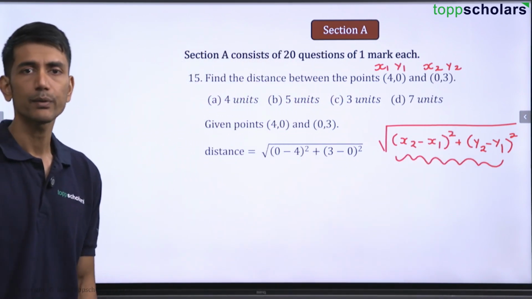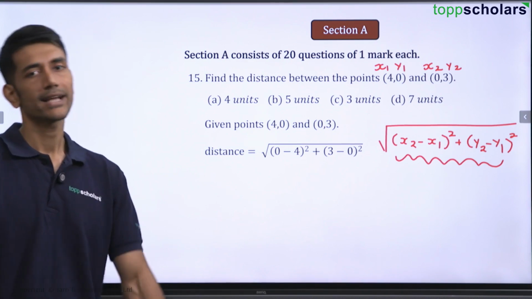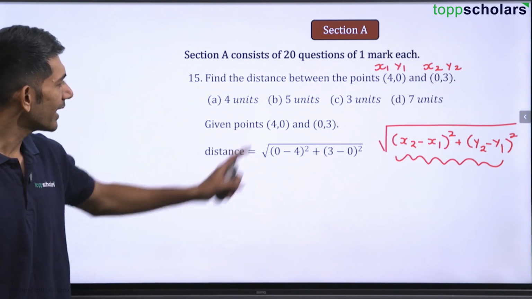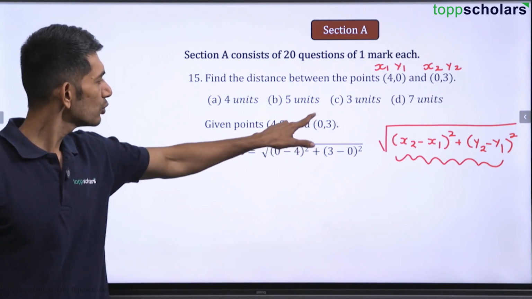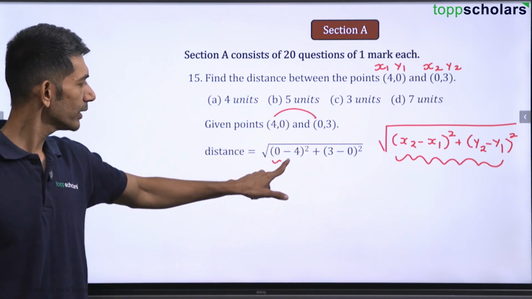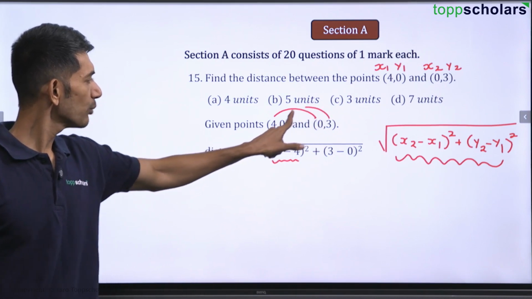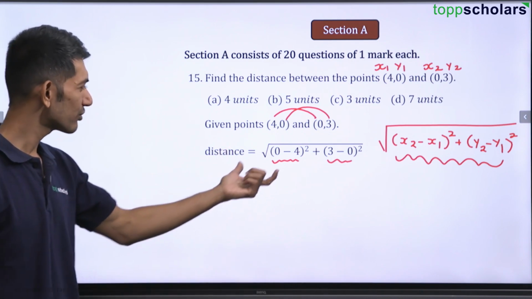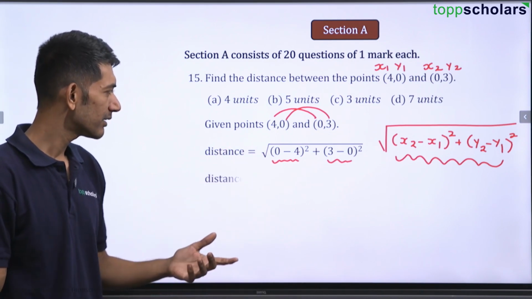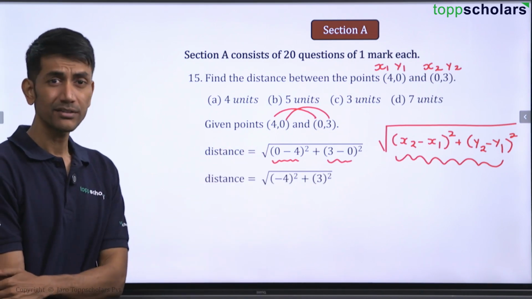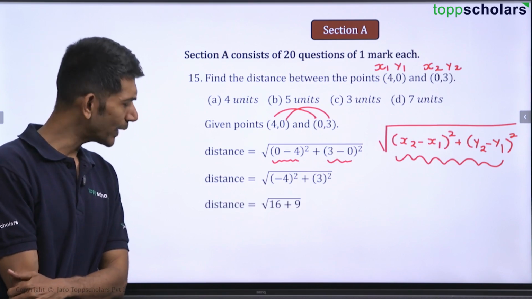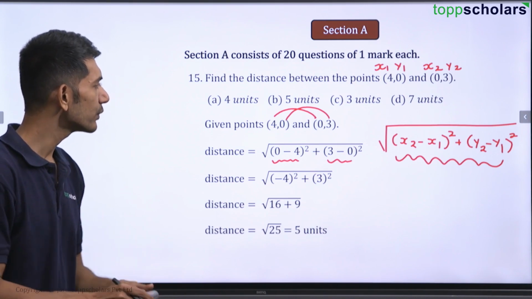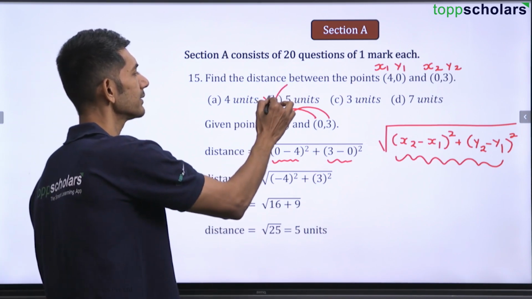And that is nothing but 0 minus 4 the whole square, plus 3 minus 0 the whole square, so minus 4 square plus 3 square. Minus 4 square is 16, 3 square is 9, positive values, nothing is going to be negative here. So under root 25 is 5 units, and option B is the correct option.